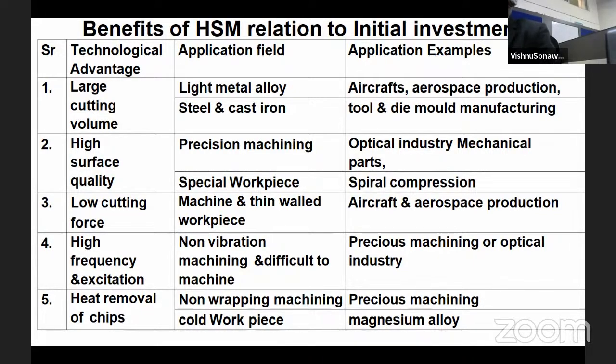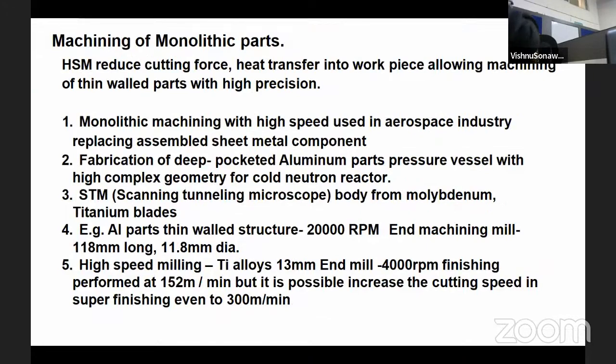High frequency excitation, right? Here there is no vibration during machining, even in difficult machinings, in the case of application in precise machining or the optical industry. Here, automatically the heat is removed with the chips, with no warping of these machinings, and this is for magnesium alloys and precision machining. Here the high speed machining for monolithic parts.